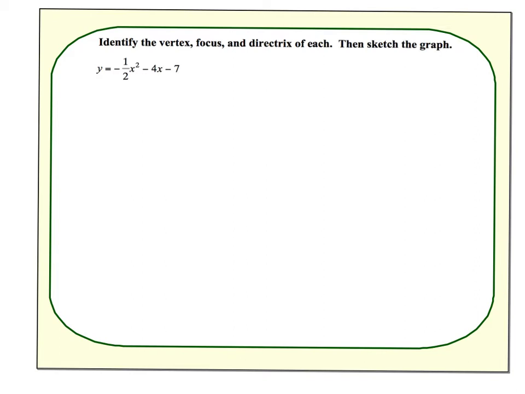Well, if I need to start completing the square, what do I need to do first? I need to multiply everything by, not 2, but negative 2. All right, because I need that x squared coefficient to be a positive 1, just normal. So when I multiply by negative 2, I'm left with negative 2y is equal to x squared, and then plus 8x, and then plus 14.